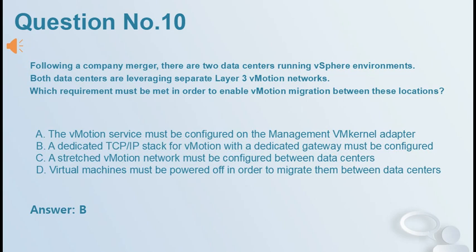B. A dedicated TCP/IP stack for vMotion with a dedicated gateway must be configured. C. A stretched vMotion network must be configured between data centers. D. Virtual machines must be powered off in order to migrate them between data centers. Answer: B.